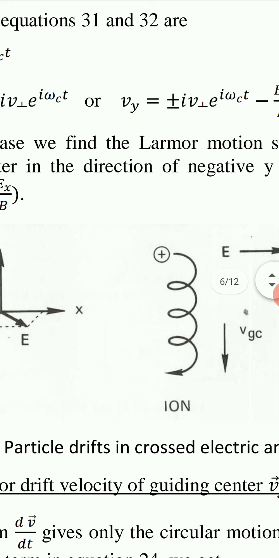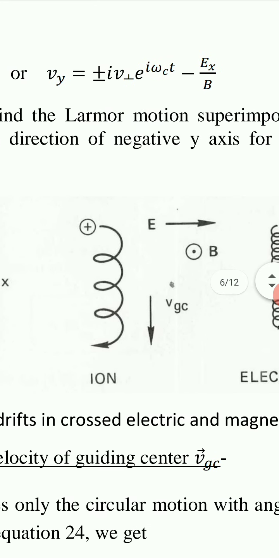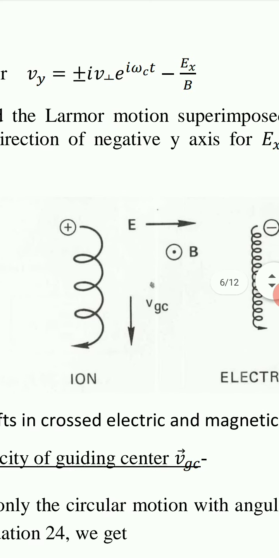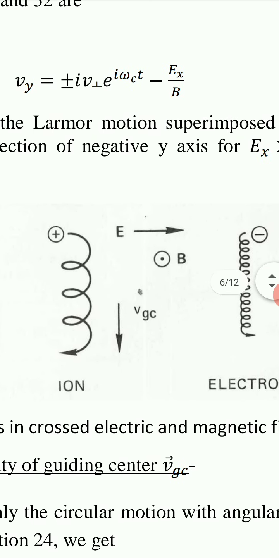So this comes into this equation as Vy equal to the first term, then minus Ex upon B. So the effect of the electric field is in this equation. The y component of velocity Vy is the first term and then minus Ex upon B.